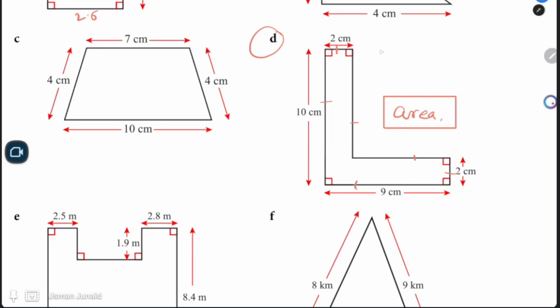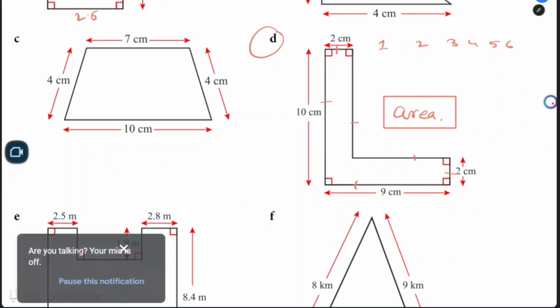So you'll have six terms, right? So we can divide it into two rectangles, right? Yes, you can. But give me the perimeter first and then the area.